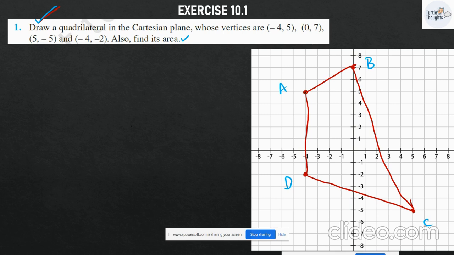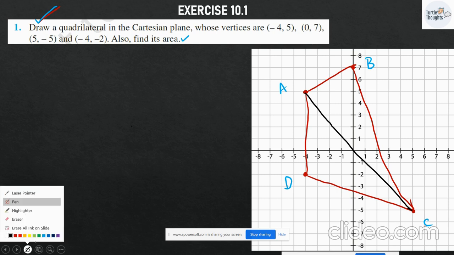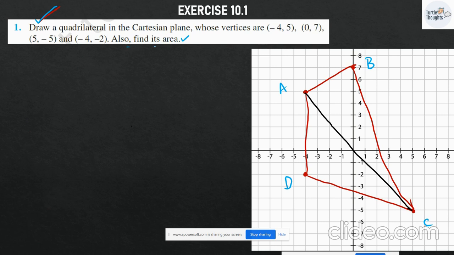Can I draw a diagonal AC for the quadrilateral ABCD? Yes. Now I can tell that the area of the whole ABCD is going to be equal to, so this is what we have to find out, the area of the quadrilateral. So I will be writing over here area of quadrilateral ABCD.